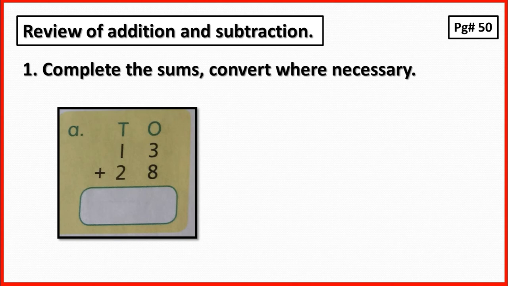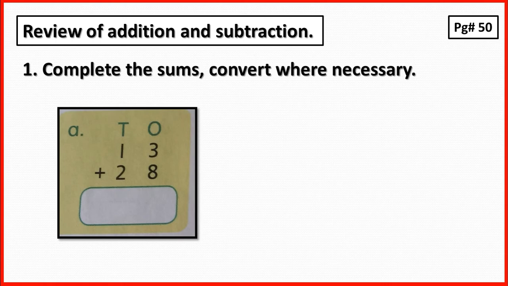When we add 8 into 3, the number comes 11. Can we write 11 in ones column? No, we cannot write 11 in ones column. So here we convert 11. 11 means 10, 1, 1.